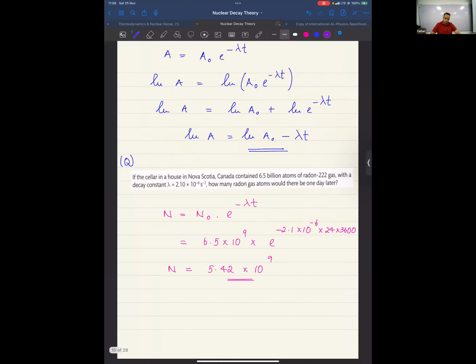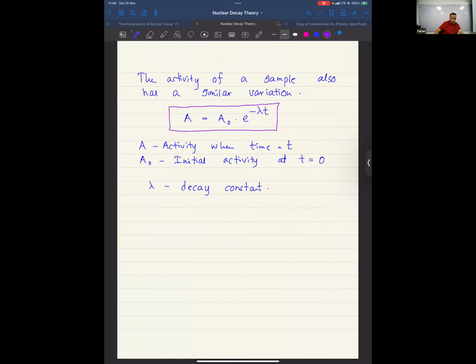Write down right below that, separately: the activity of a sample also has a similar variation.